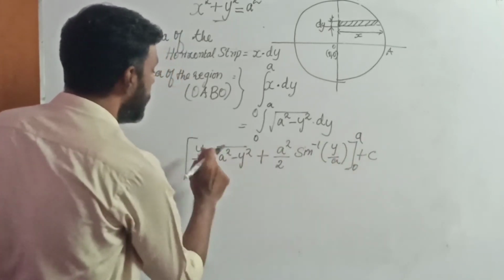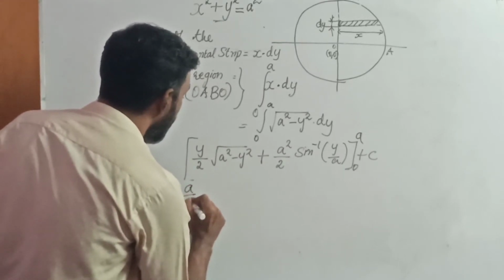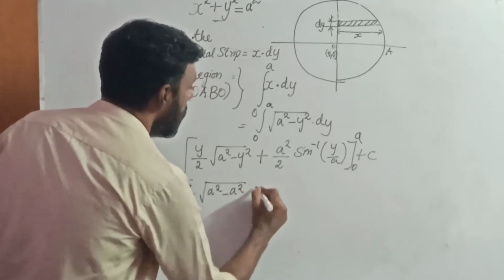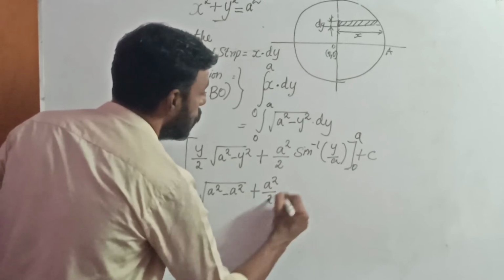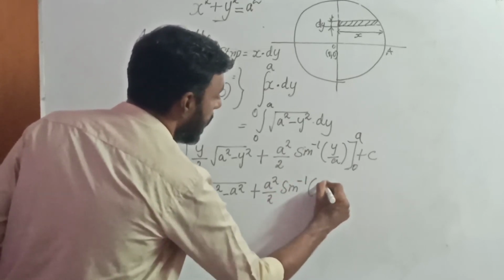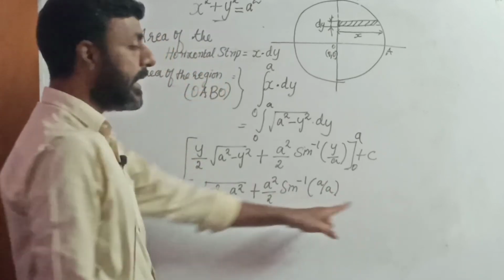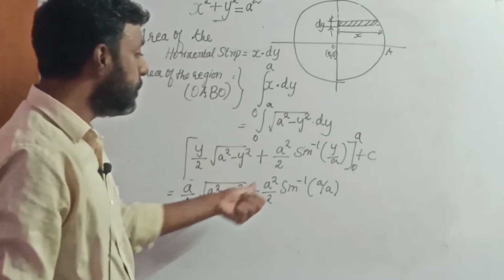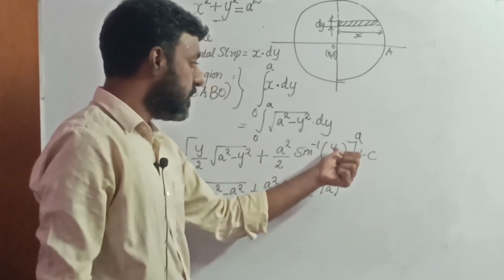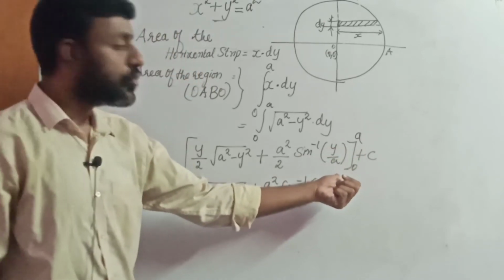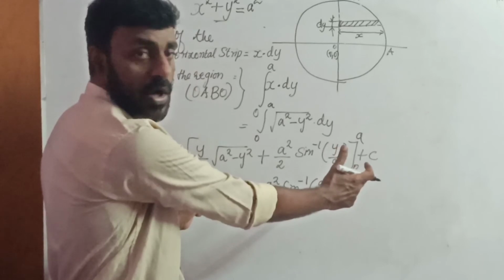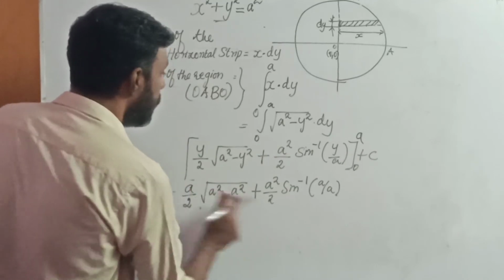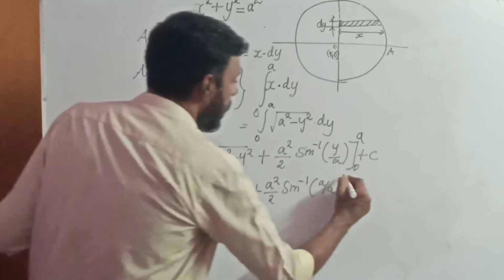If I substitute a for y, I get a divided by 2 into root of a squared minus a squared plus a squared divided by 2 sine inverse of a by a, minus, if I substitute 0 for y, 0 by 2 into the root term and sine inverse of 0 by a, which is also 0. So the second expression vanishes, and I'm truncating the second expression as such. I'm considering the first expression. This is what I have obtained.